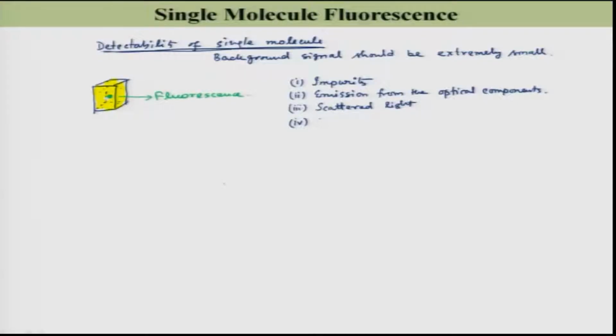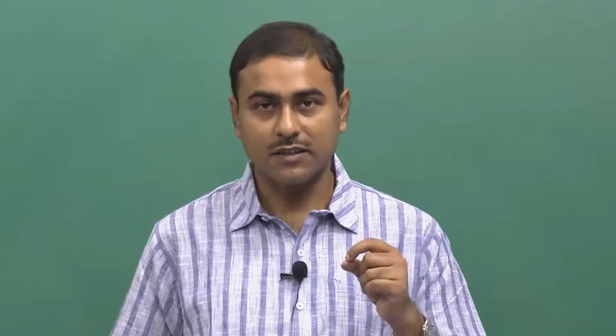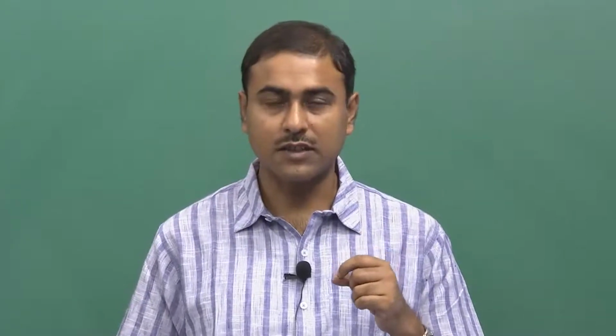And number 4, I can think of all these different issues. Number 4 is the dark count of the detector. As I already mentioned, the dark count of a detector is because of thermal electrons.